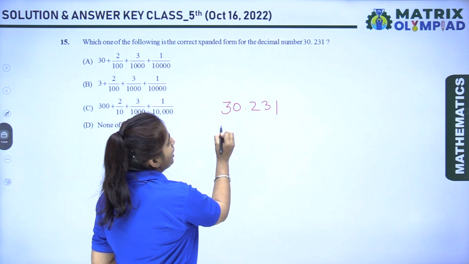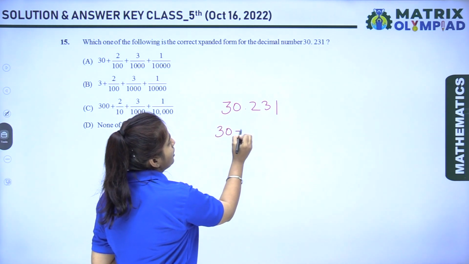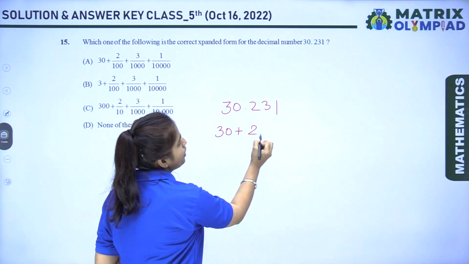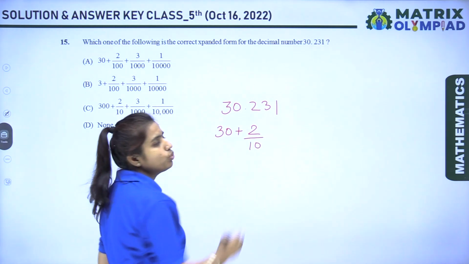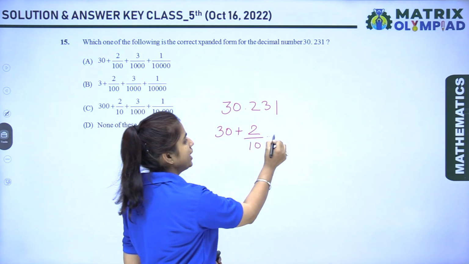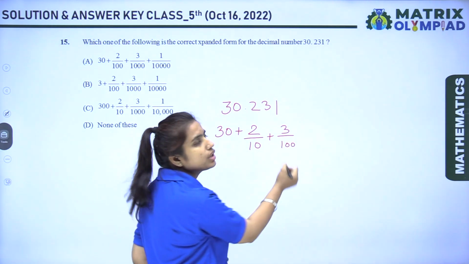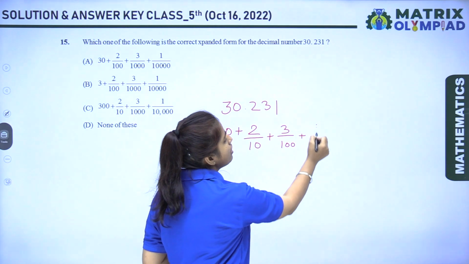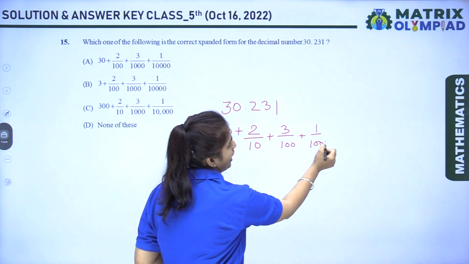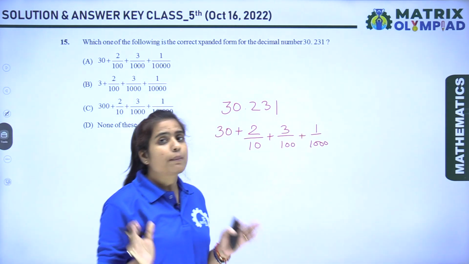So we can write it in expanded form like this: 30 plus 2 is on the 10th place, so we write 2 upon 10, plus 3 is on the 100th place, so we write 3 upon 100, plus 1 upon 1000 as 1 is on the 1000th place.